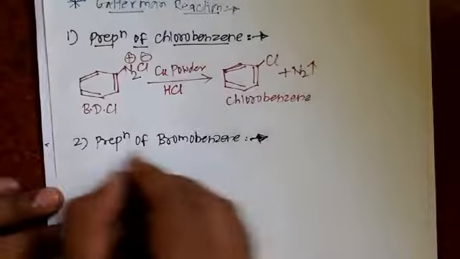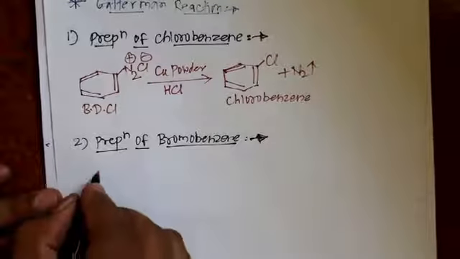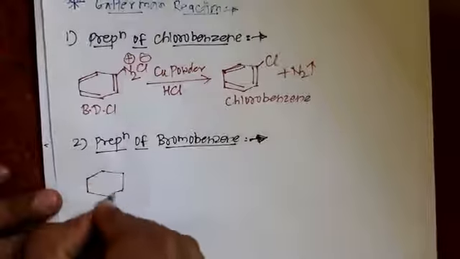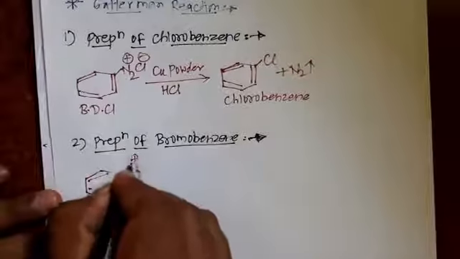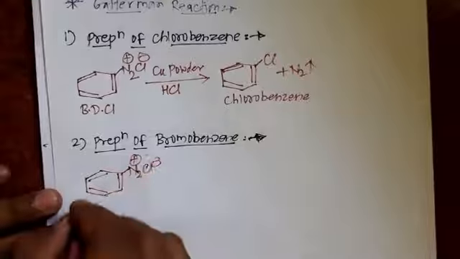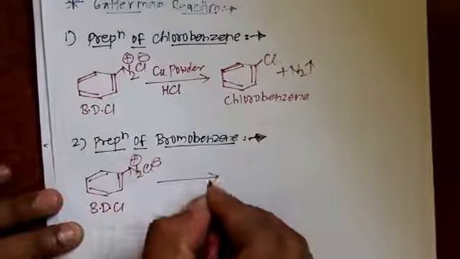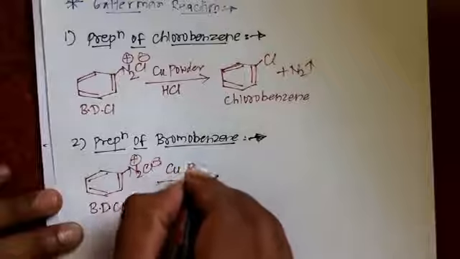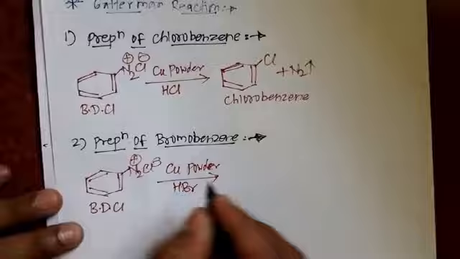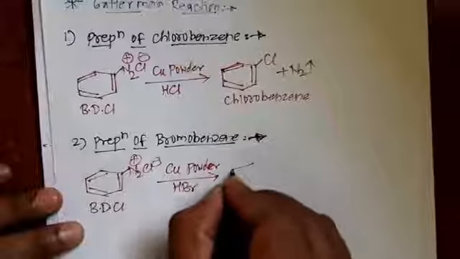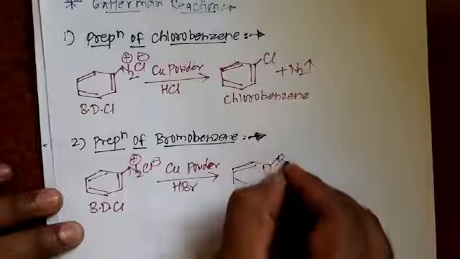Here we react benzene diazonium chloride with copper powder and HBr, and it gives the product bromobenzene.